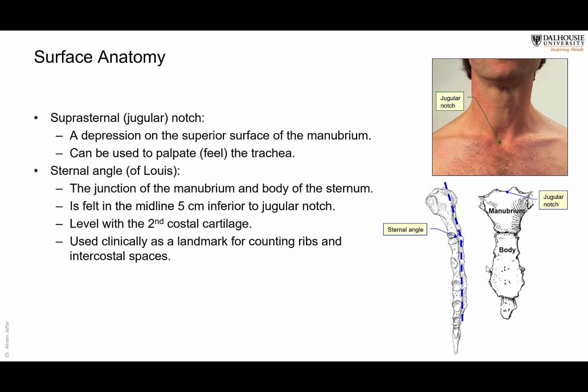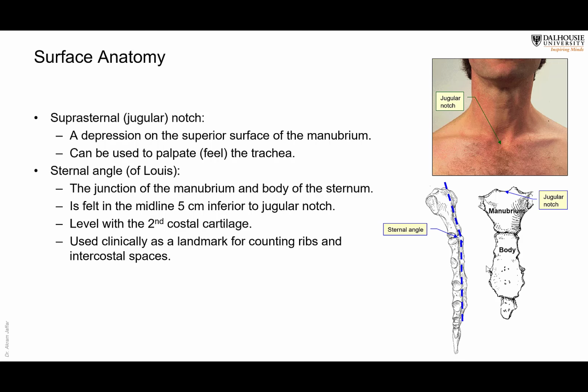Why am I saying this? Because this is very important from the clinical point of view. Usually you can feel the sternal angle, or the manubriosternal joint. If you go lateral to it, it is the second costal cartilage and the second intercostal space, third intercostal space, fourth, and so on.